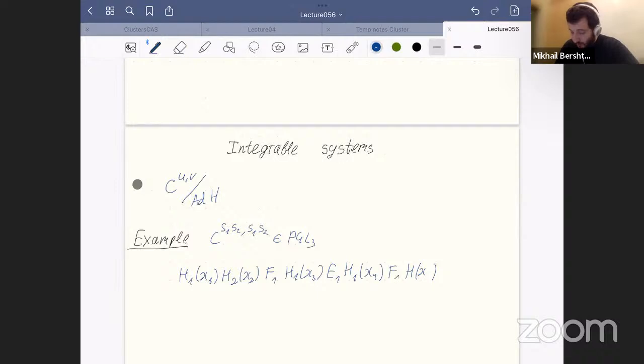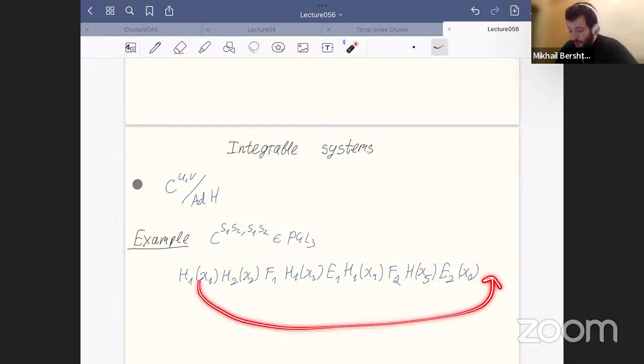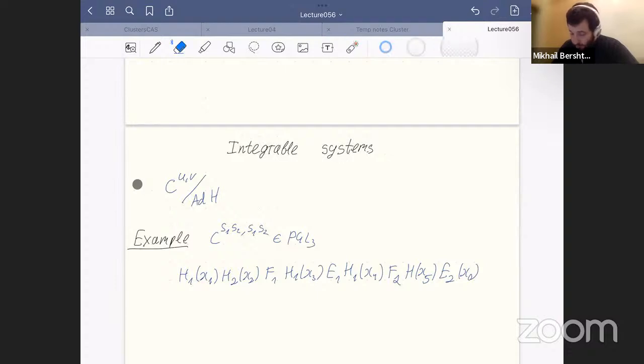Here F2 x5, E2 x6. If we take the quotient by the adjoint action, we can remove this H1 from here and move it here. And the same we can do with H2. And here should be H2 of x6, and here is H1.